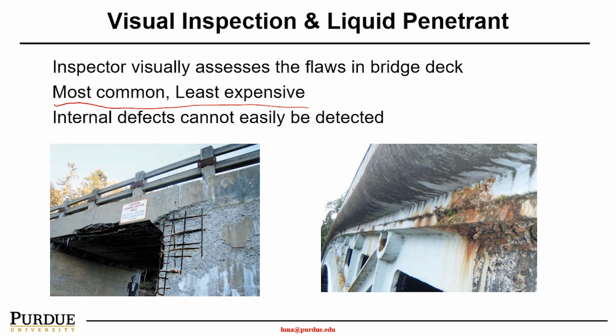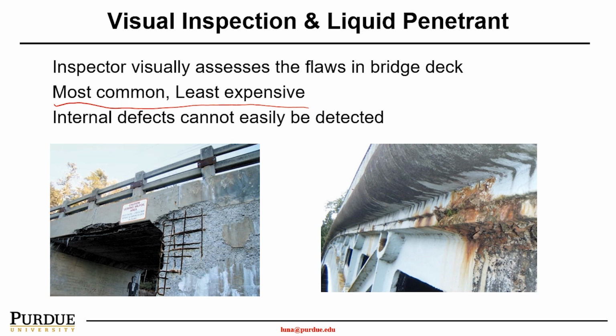Of course, it relies on the inspector's eyes and visual ability to identify defects and flaws, and it is very commonly used, particularly for bridge decks and in civil engineering. Actually, 85% of surface cracks are identified by visual inspection methods. One of the major drawbacks of this method is that internal defects cannot be identified.